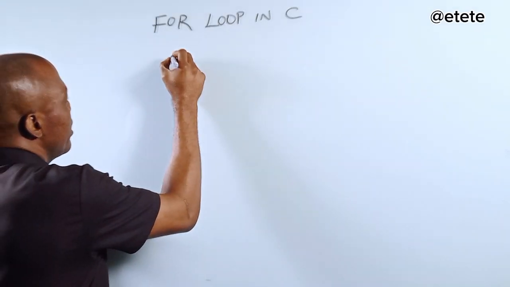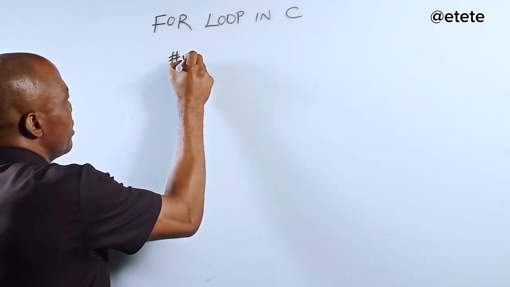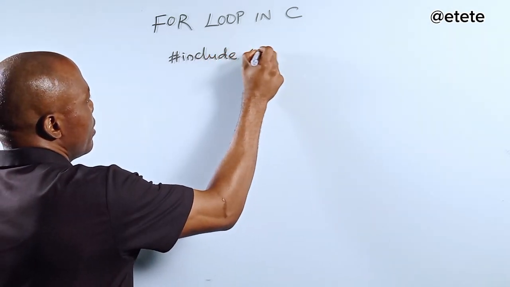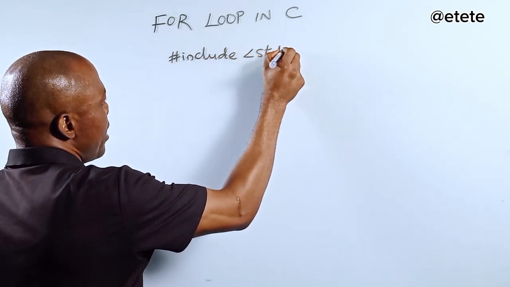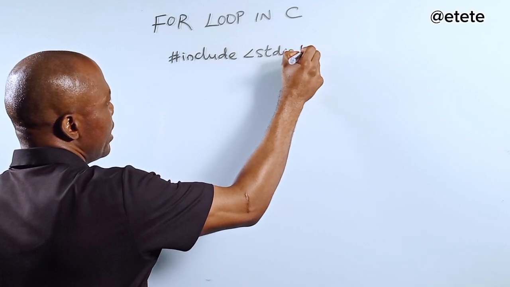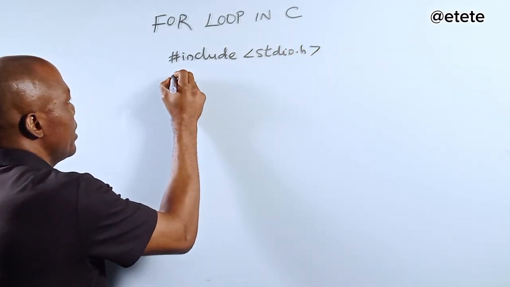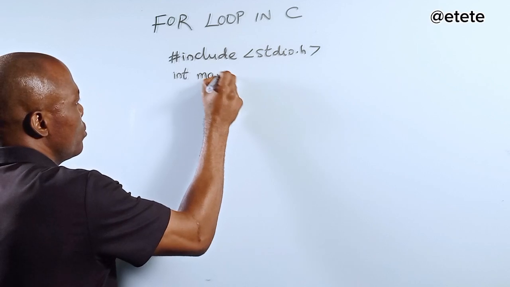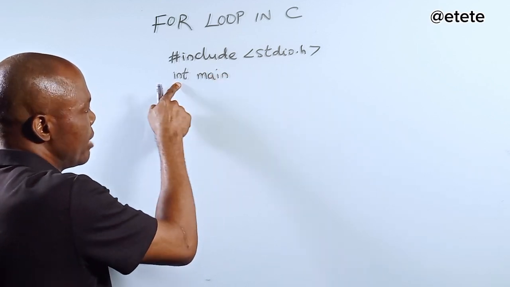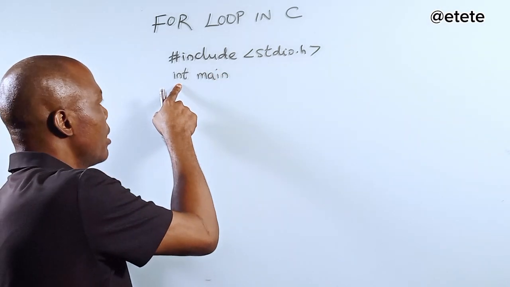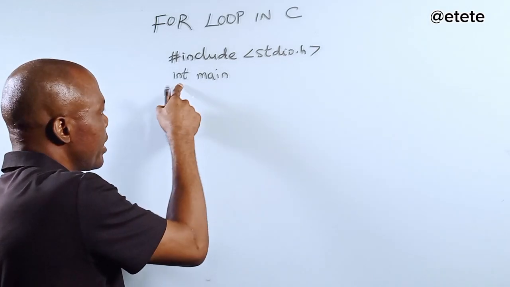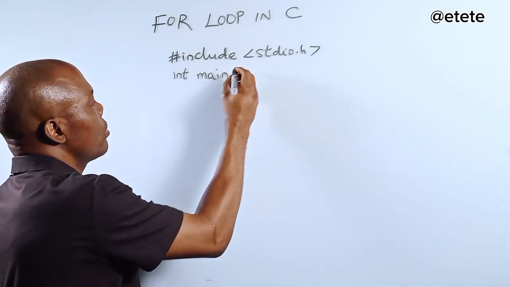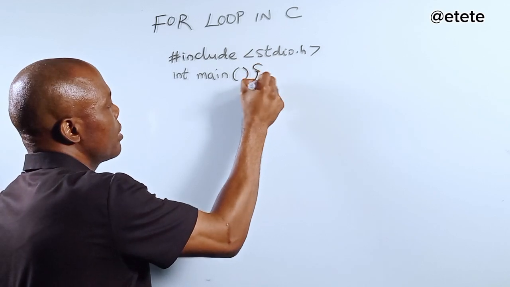First thing I will say include stdio, standard input output header. Then int main, I'm always going to return a value. That's why I'm using the int integer. I can use void if I don't want to. So I will do this.